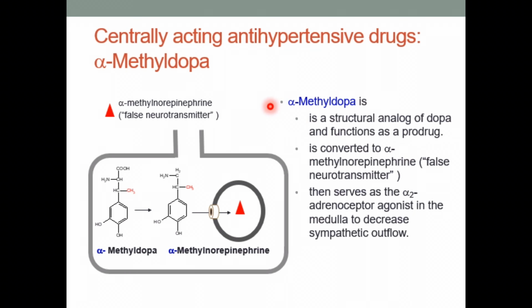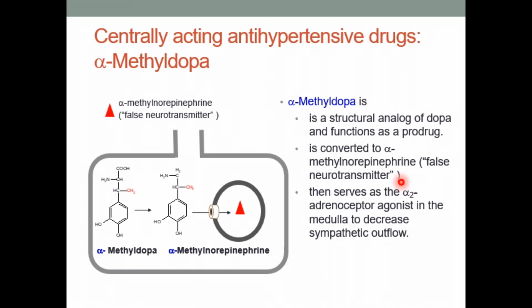Looking at one of the centrally acting first generation drugs, alpha-methyldopa is actually a structural analog of dopa, and it functions as a prodrug, which will be converted to alpha-methyldopamine. This alpha-methyldopamine acts as a false neurotransmitter.